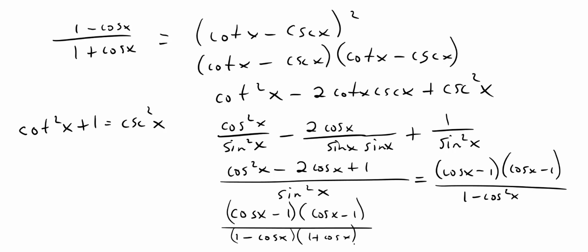I'm missing something here. Okay, so I was just kind of staring at this one for a second. Basically what I'm going to do is factor out a negative. Here's the deal. I need a 1 plus cosine on the bottom, which I have, but I need a 1 minus cosine on top. And so I'm going to factor out a negative out of one of these.